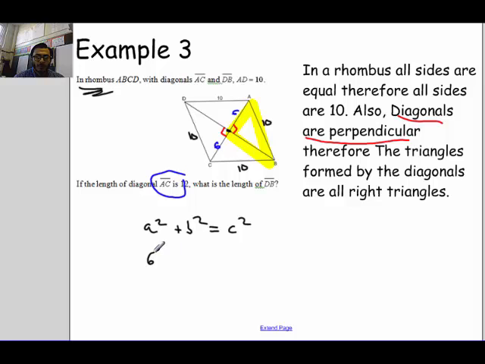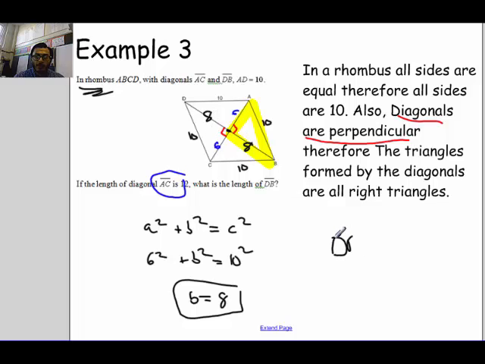So that's 6 squared plus b squared equals c squared, which is going to be 10 squared. And if you solve for b, you will get b equals 8. So this is 8, which means that this is also 8. So DB is equal to 8 plus 8, which is 16.